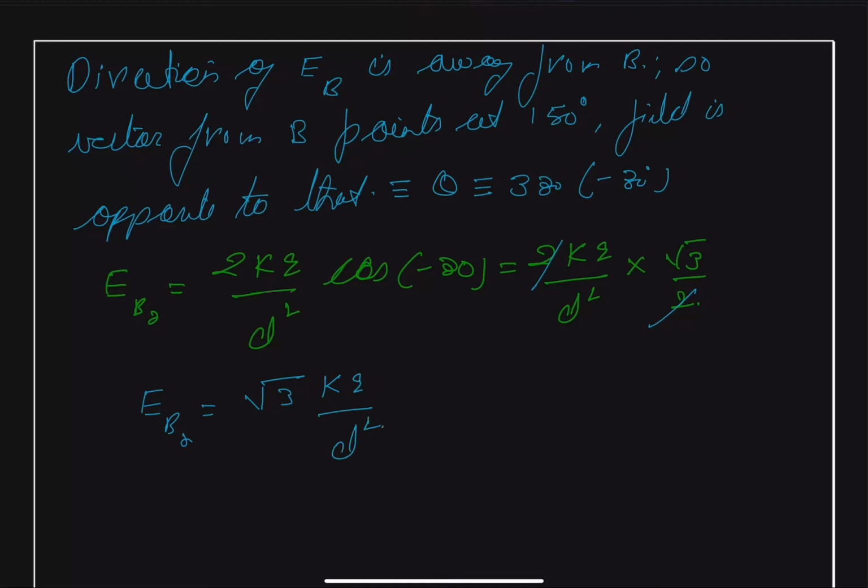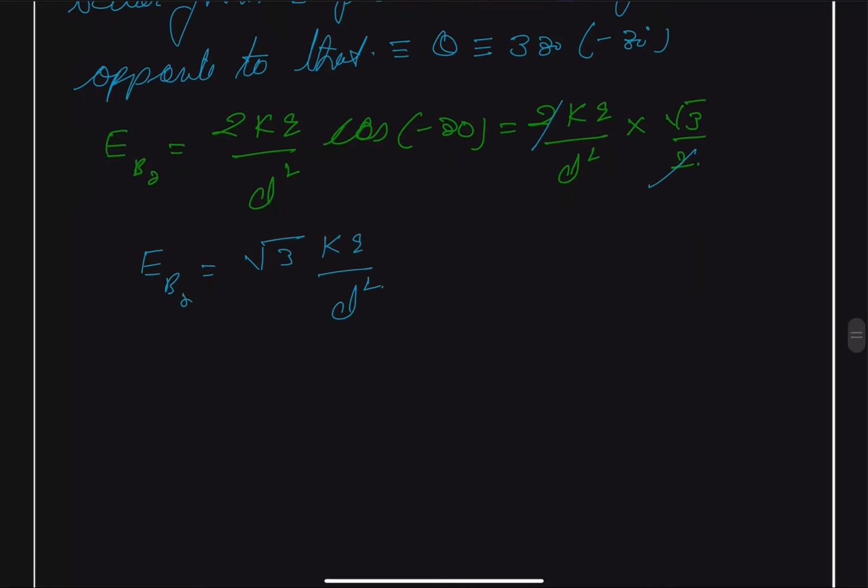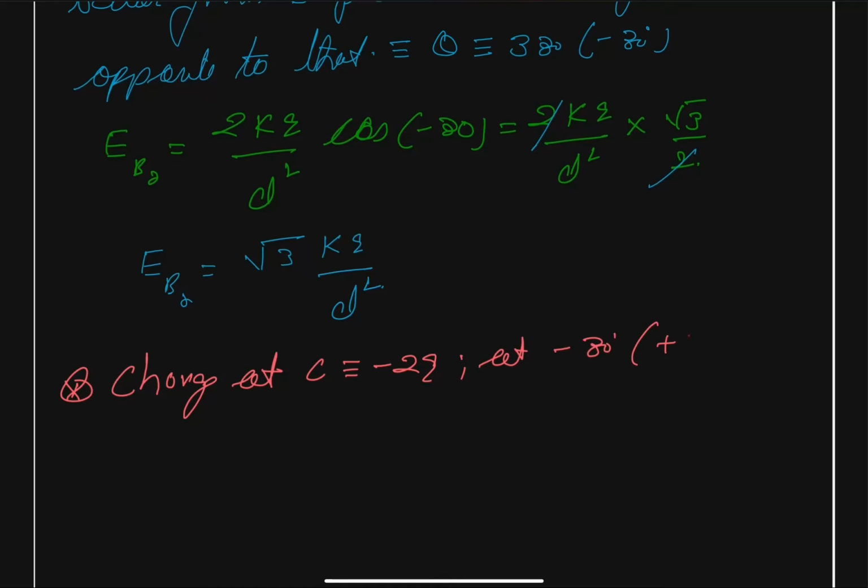Next is our charge at C. The charge at C is our minus 2q, and the angle is minus 30, or if you require positive, we can consider it as plus 330, with respect to the positive x-axis.